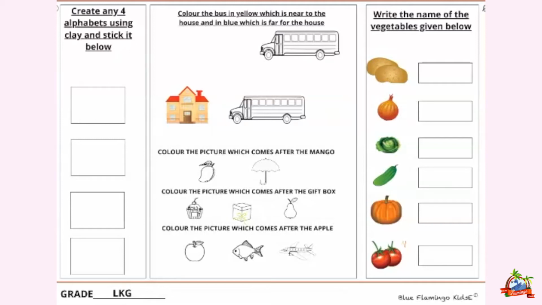R for rabbit. S for sun. T for tiger. U for umbrella. V for van.